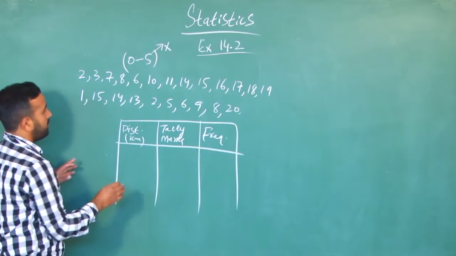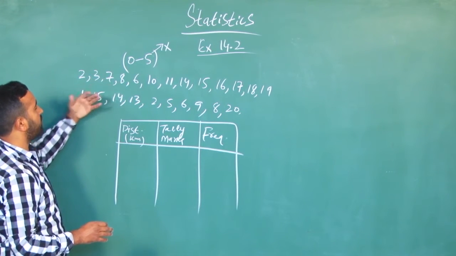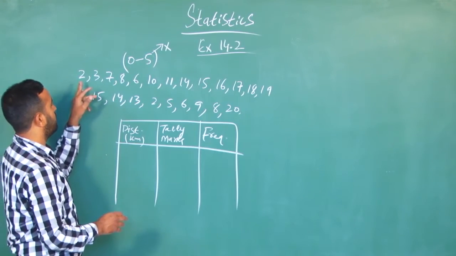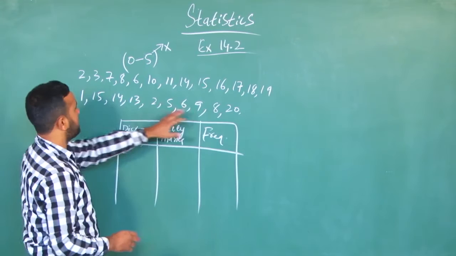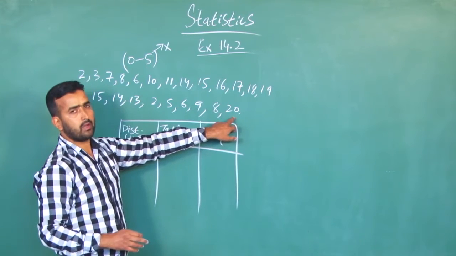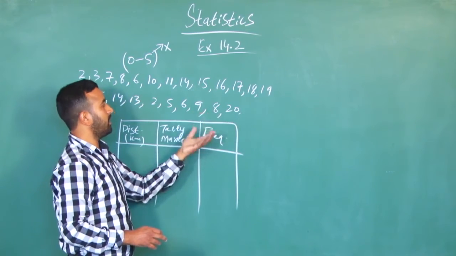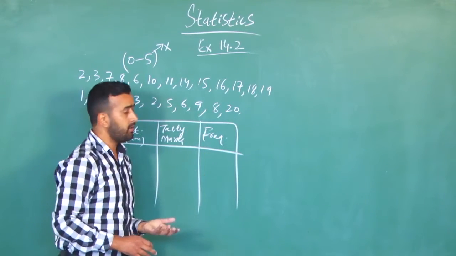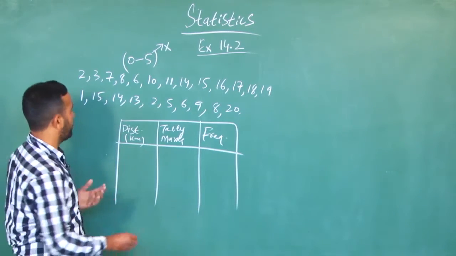Now, how many groups should we make for the given data? It depends on the highest value. The highest value here is 20. So the last value 20 must be included in the data. As many groups as are needed, so that the last value of the data is included in the group.